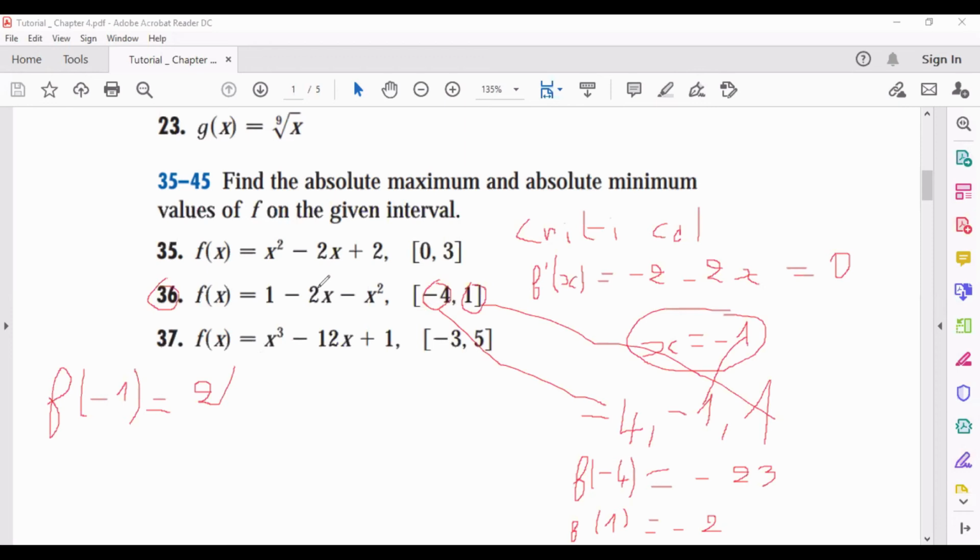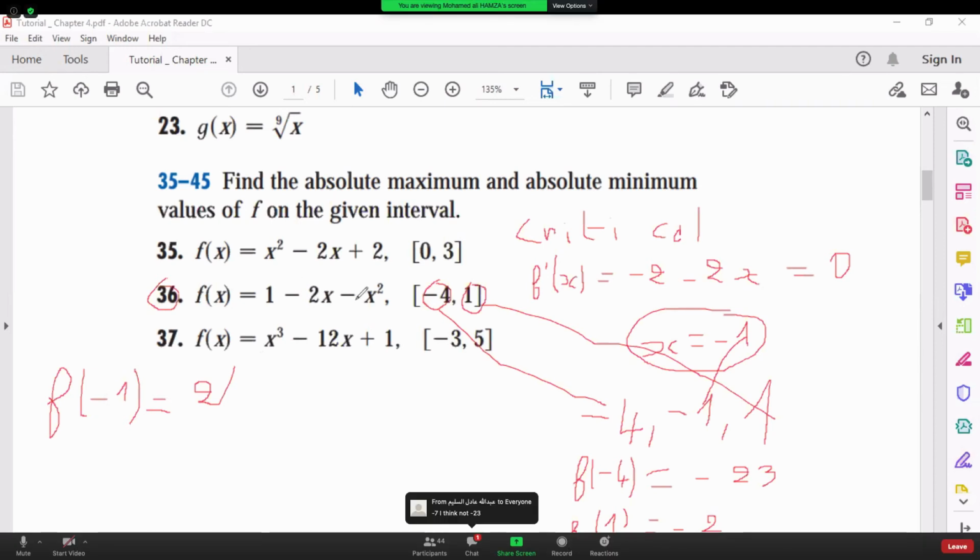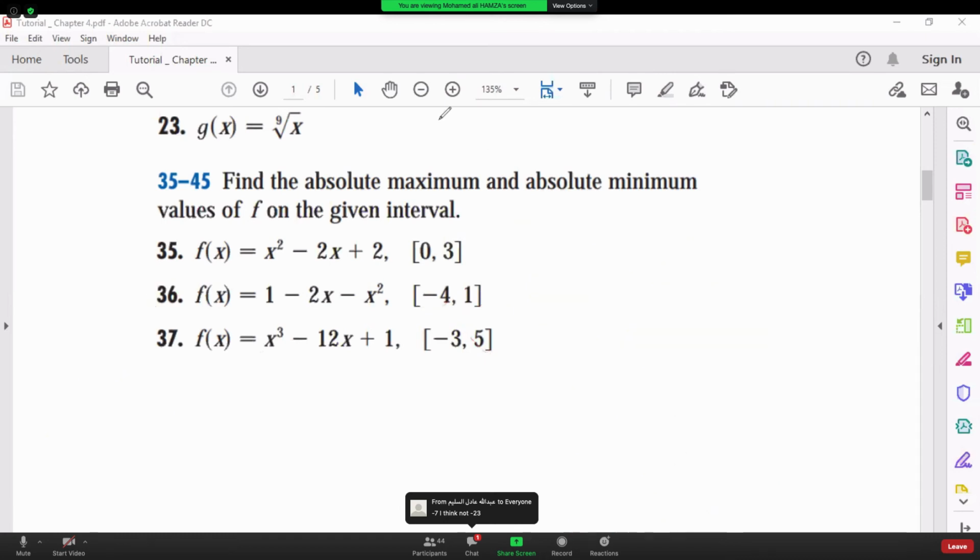We substitute x by minus 4. It becomes 1 plus 8 minus 16. How much does it give, guys? 1 plus 8 minus 16, it's not minus 23. Who told me? Minus 7. We said there are 3 points: minus 1, minus 4 and 1. We write the output directly. For minus 1, what is the output? I have to evaluate f of minus 1.